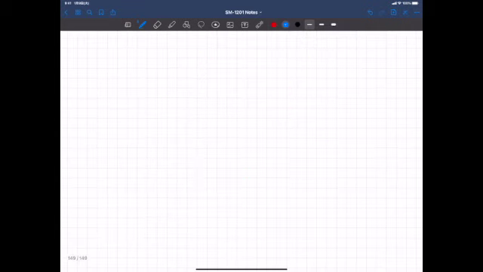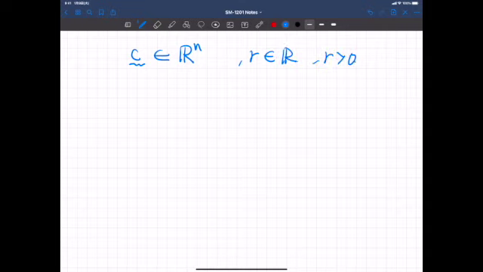And one more example. Consider again a general point, any point in n-dimensional space. And let's say R is a positive real number, a constant.